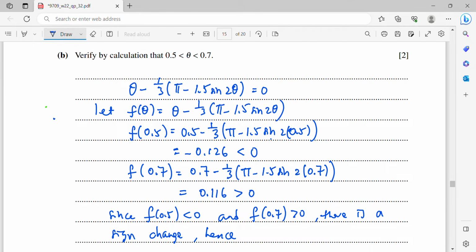Hence, theta lies between 0.5 and 0.7. This is how we verify.